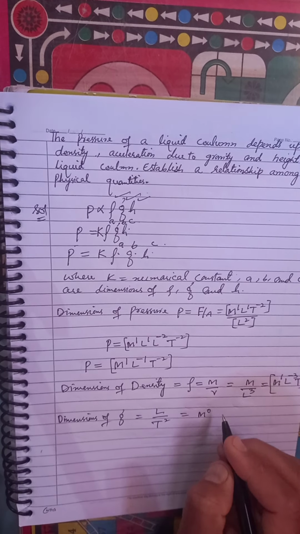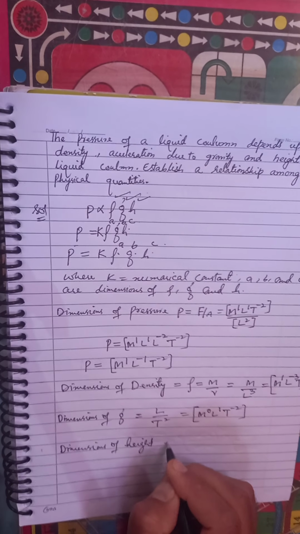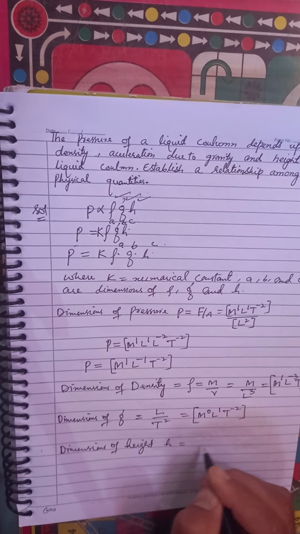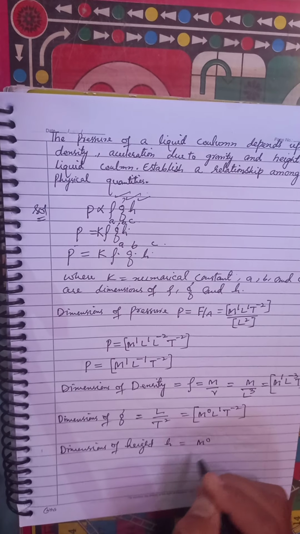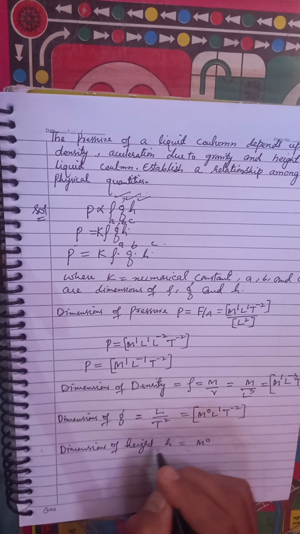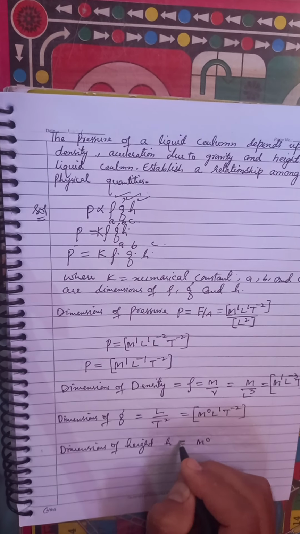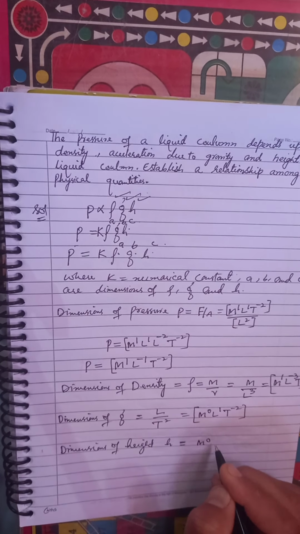Then we have the dimensions of height. Height is denoted by h. Mass is absent, so M^0, and height means length, so L^1, and time is not present, so T^0.